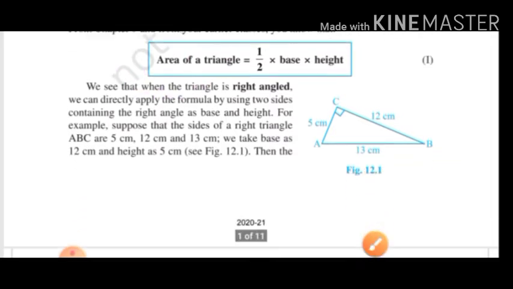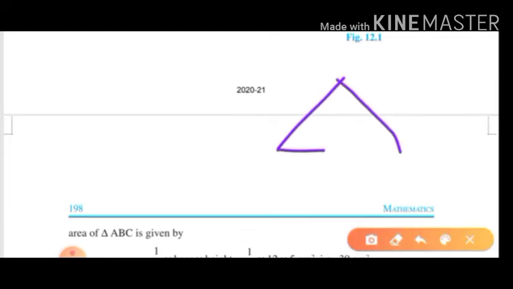In case it is an isosceles triangle, or an equilateral triangle, we don't have the height.